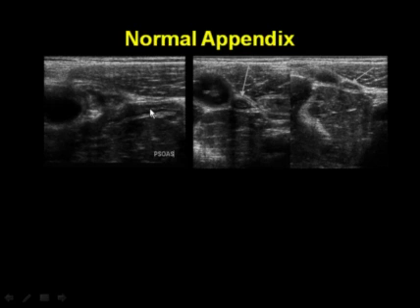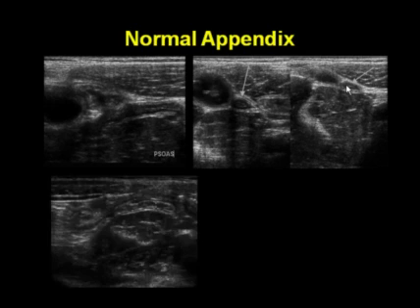It's very thin. It doesn't contain any stone. There's no associated fluid or mass surrounding the appendix. Here we see it in transverse section without compression, and then with compression we see that it is compressible. So this is unequivocally a normal appendix.